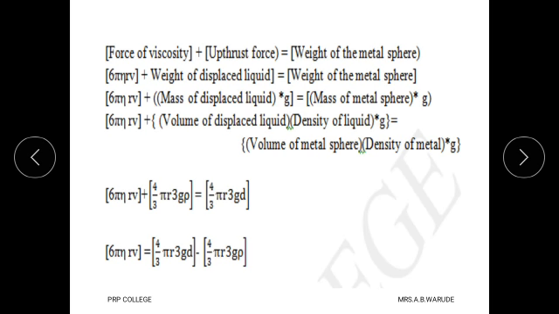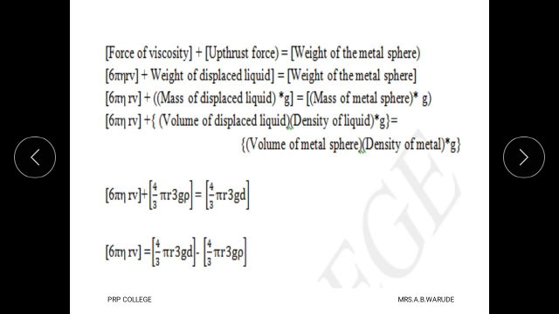Then again, the mass of the metal sphere is equal to the volume of the metal sphere into the density of metal, and gravitational force as it is. Then we write the formula as 6 pi eta RV plus the volume of displaced liquid.